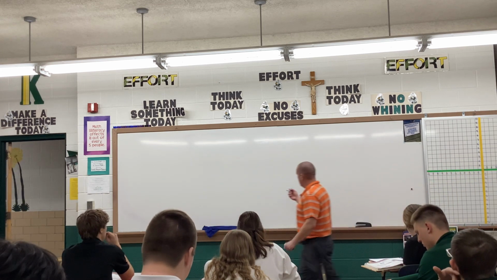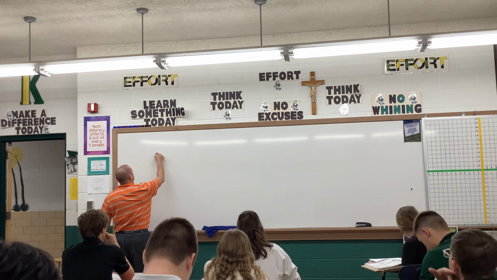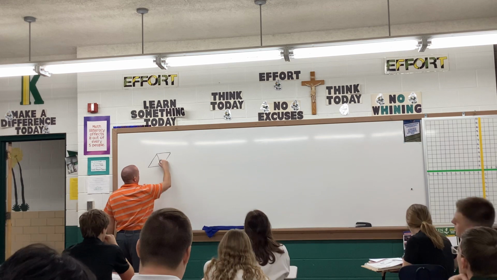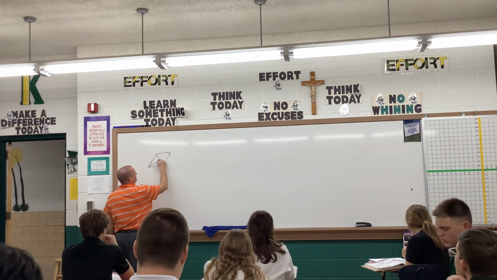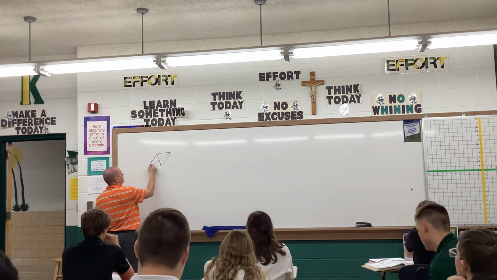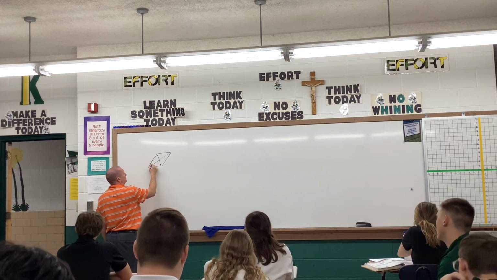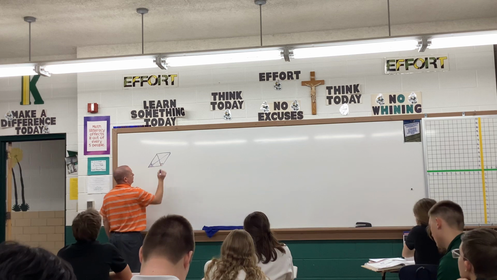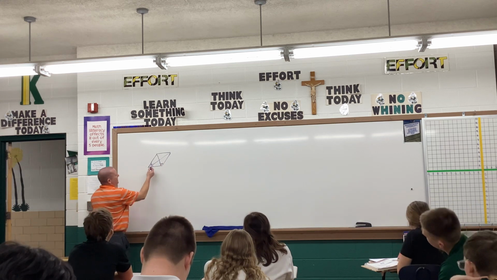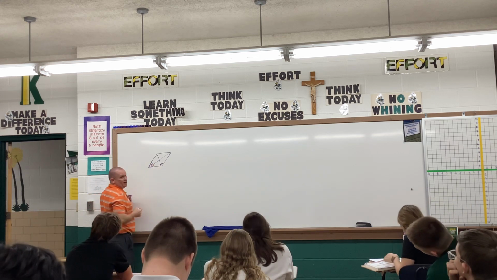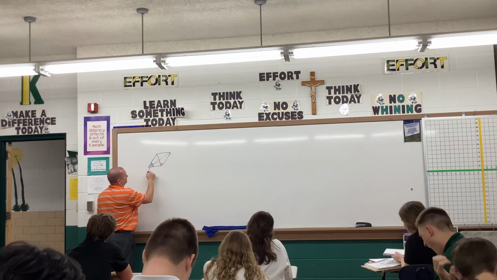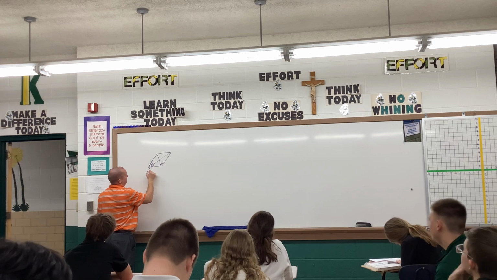Isn't it something like this? And then it went this way, right? And then it went this way? This little number was what? 42. Then 23. Okay, so what I'm thinking is, if I added these two together, I could get this entire angle, right? So this entire angle is how much? 65.